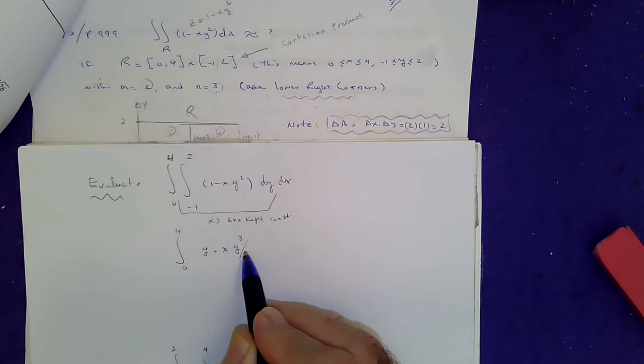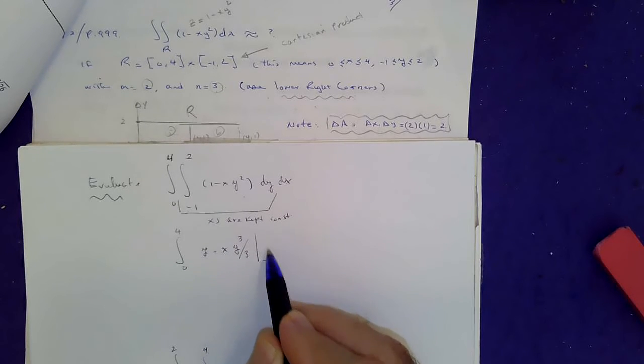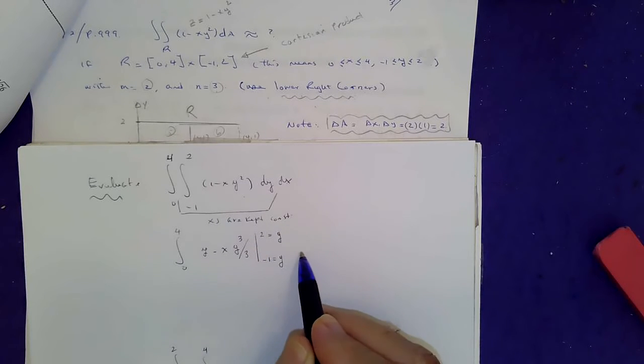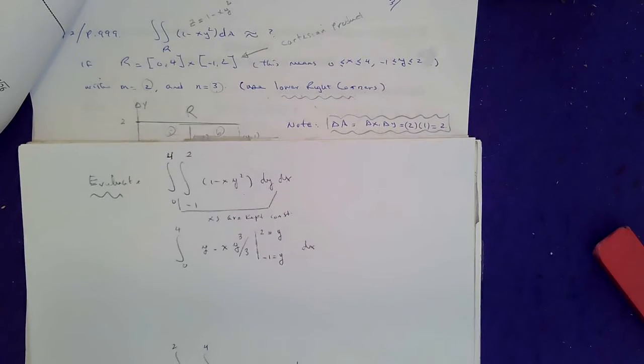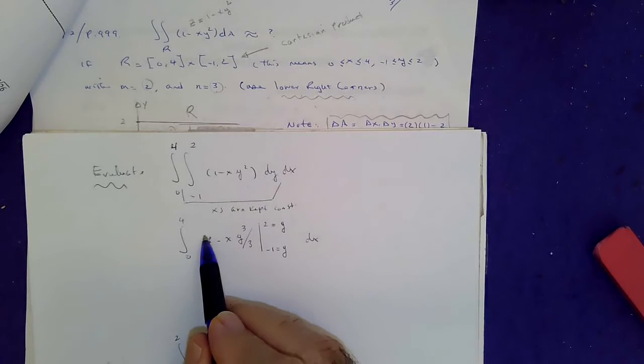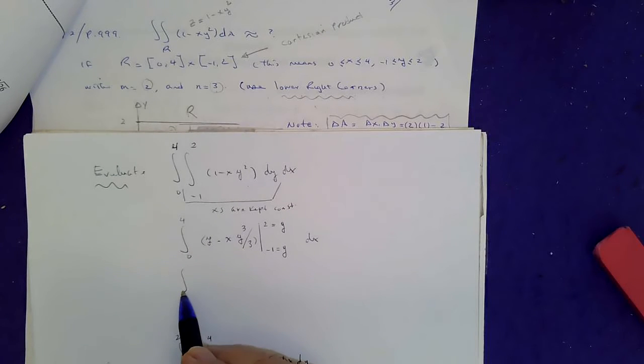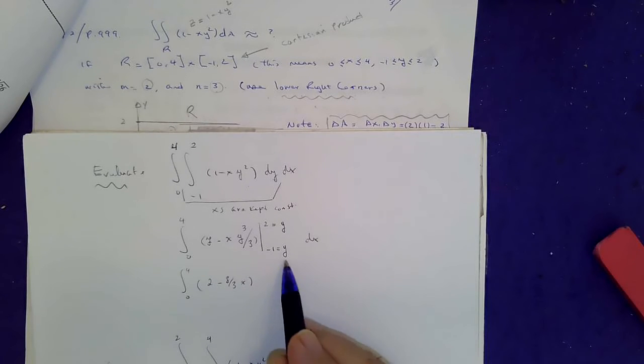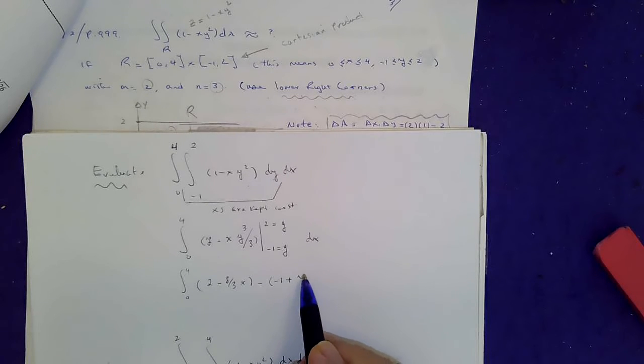So this is y cubed over 3, where y goes from -1 to 2. I still have dx. Using the fundamental theorem of calculus, evaluate this first at 2, so that would be 8/3 x. Then minus at -1, which is negative, I believe that would give you positive x over 3.